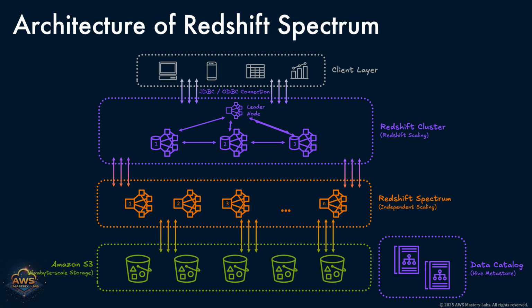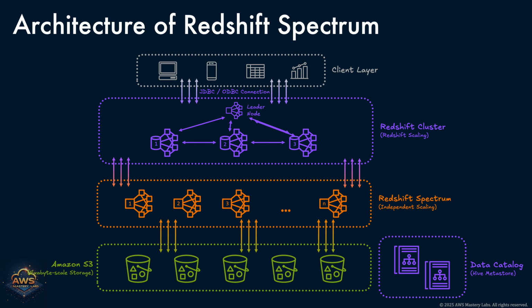Redshift Spectrum accesses data directly from S3 buckets, allowing users to analyze vast amounts of data without loading it into Redshift. Finally, the data catalog, such as AWS Glue or a Hive Metastore, acts as the metadata repository. It stores schema definitions and table metadata for the external data in S3, enabling Redshift Spectrum to interpret and query the data efficiently.